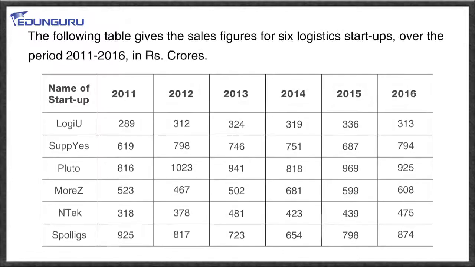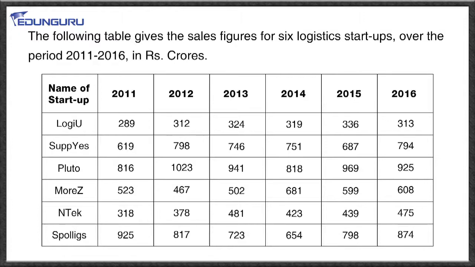Now, let us look at a caselet which would help illustrate the point. Here we have taken 6 logistics startups. There is LRDI, SUP-S, Pluto, MoreZ, Ntake and Polix. These are 6 big logistics startups, and what we are trying to do is see what the sales figures have been like for these 6 startups in the period 2011 to 2016.